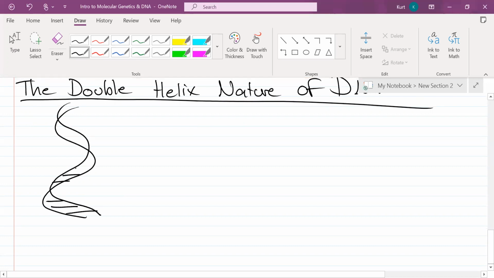You have two strands connected by nitrogenous bases in the middle. The sides are what we call just the backbone of DNA. They're made up of alternating sequences of pentose and phosphate, pentose and phosphate, pentose and phosphate. The middle, if this were a ladder, the part where you put your feet, those are going to be the two nitrogenous bases per step or per rung. Some people like to call it a rung.